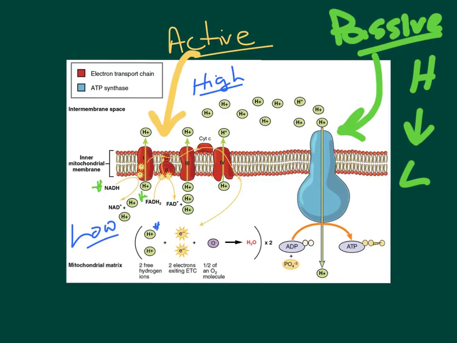I think you're kind of letting this example of both kinds of transport across a membrane confuse you. There are two different kinds of transport across a membrane, and they're being used in the mitochondria to create a concentration gradient here, and then they're using the concentration gradient over here to produce ATP. The movement across the membrane here is passive in the sense that you don't require energy to make them move in this direction.